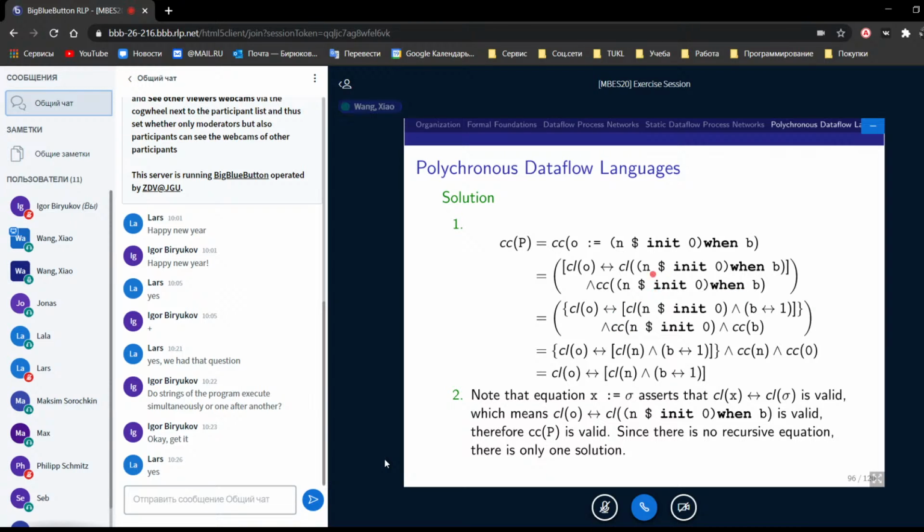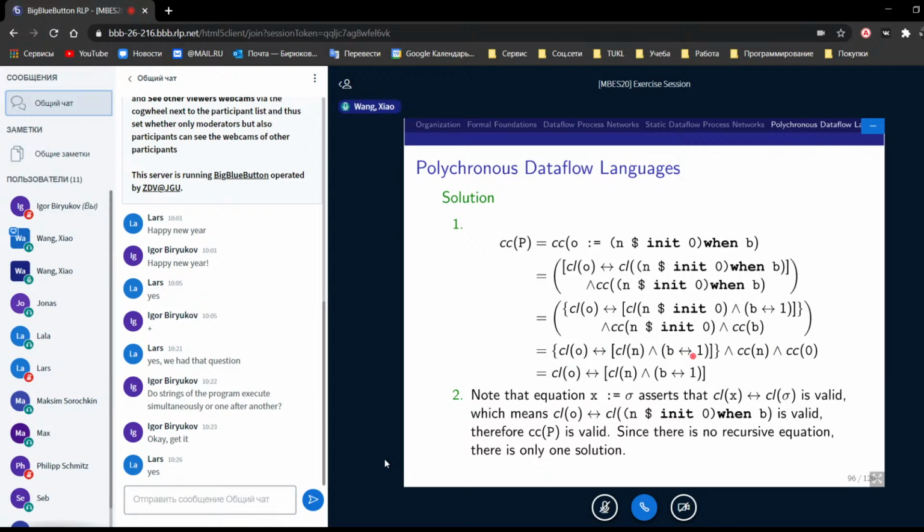So only the left-hand side is clock consistent and the right-hand side is clock consistent. So we have CC of this part and CC of B, and this one is true because the clock consistency condition of a single stream by itself has no clock consistency problems. So this one is fine.